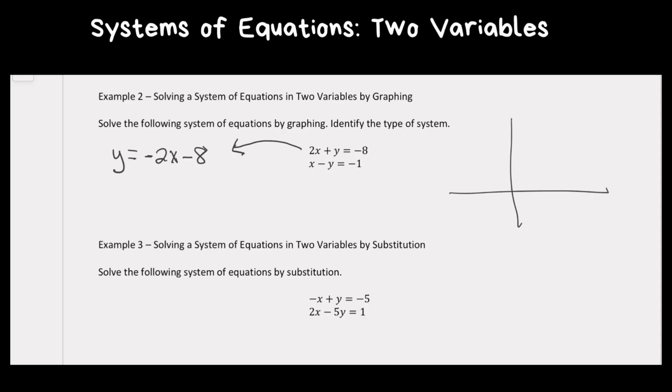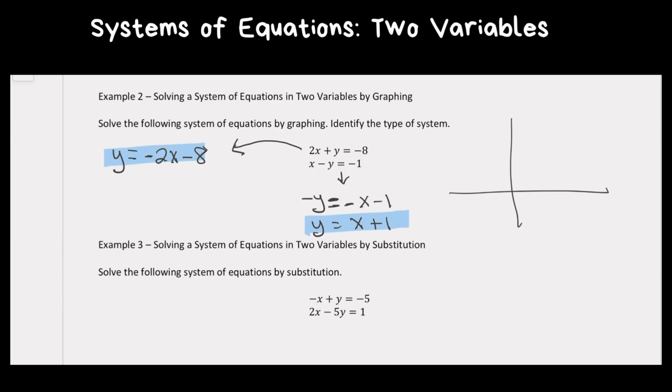Okay, the next one, solving this one for y, I'm going to subtract the x, which would be a negative x minus 1. And then I'm going to divide by negative 1 so that y is positive. So if I divide everything by negative 1, I'll have a positive x plus 1. Okay, so I'm going to plug these two into my calculator and see what I get.